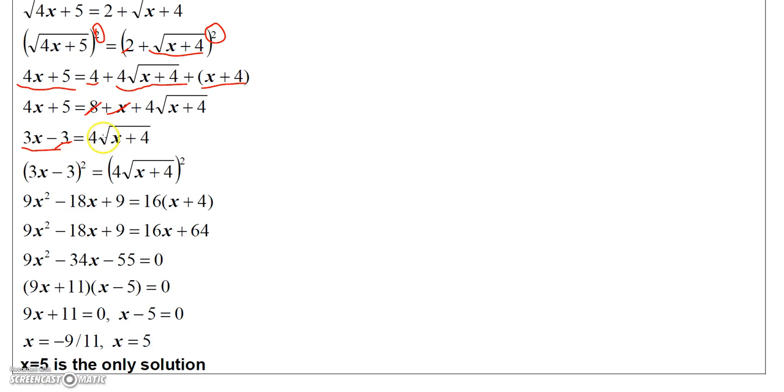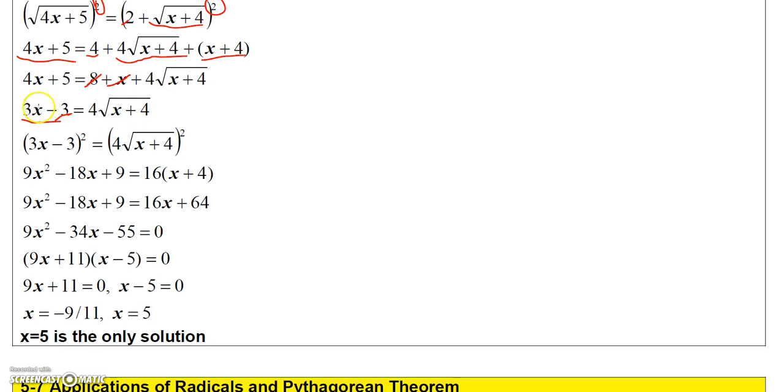Now that I've got the radical isolated, I can square both sides again to eliminate this radical. If I square both sides again, I have to square this binomial, and then I have to square this radical. Squaring this binomial, I use the formula for squaring a binomial again. So I square the first term, I get 9x squared.